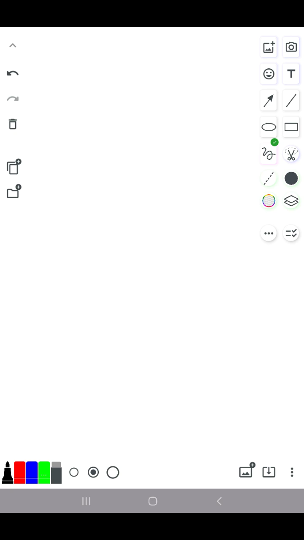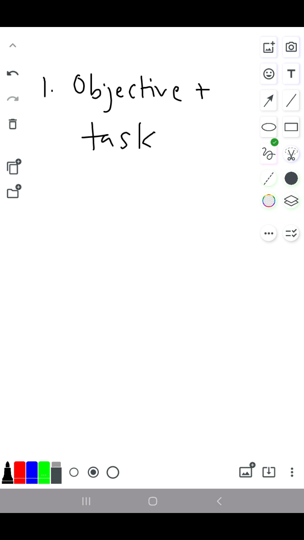So there are steps when it comes to figuring out your budget constraint, and the number one step has to do with objective and task. When we talk about objective and task, what exactly are we talking about?